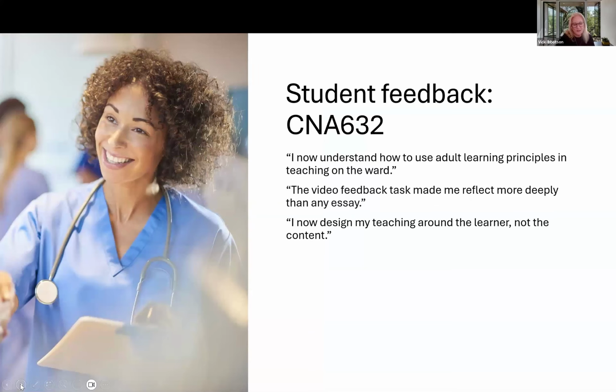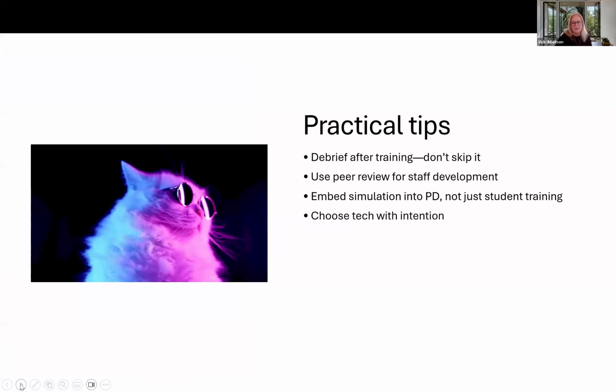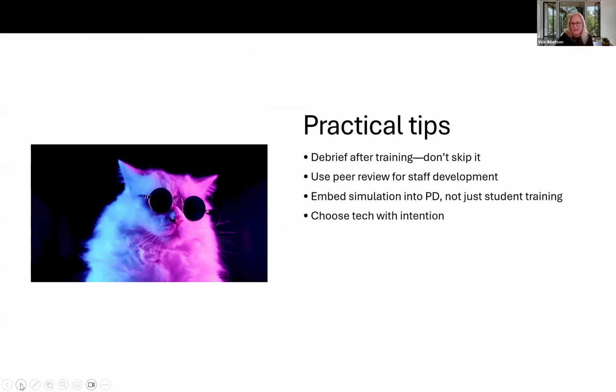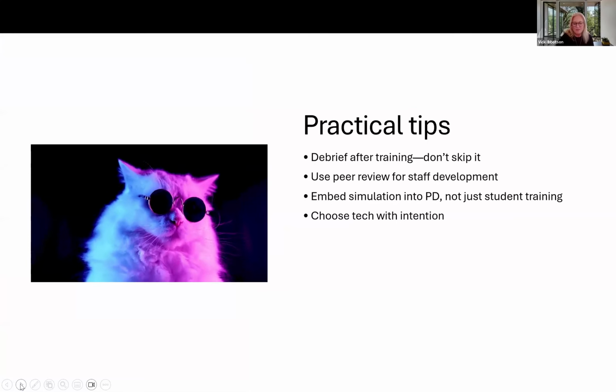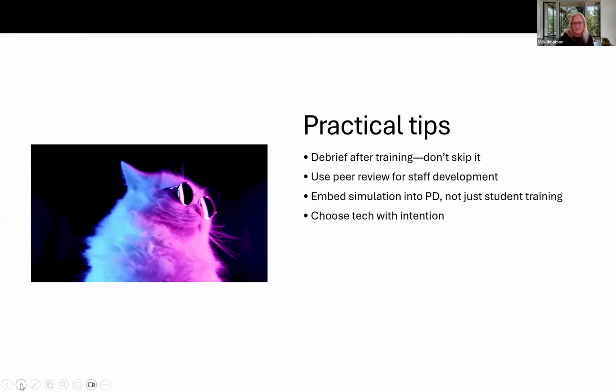So from 632, which looks more at the learning theories, the reflections show how, through transformative learning, students move from passive recipients to active designers of educational experiences. Many of these ideas are easily transferable to clinical education teams, particularly around simulation, peer feedback, and reflective learning practices.